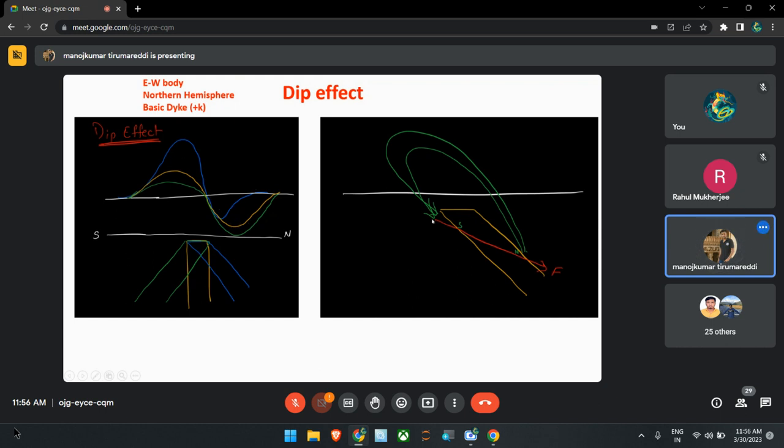Because if it cuts like this, the south pole will generate here, and the north pole will come from somewhere else and go up. So only this portion will get anomaly, and there will be none here, so we don't get anomaly. Okay, sir.